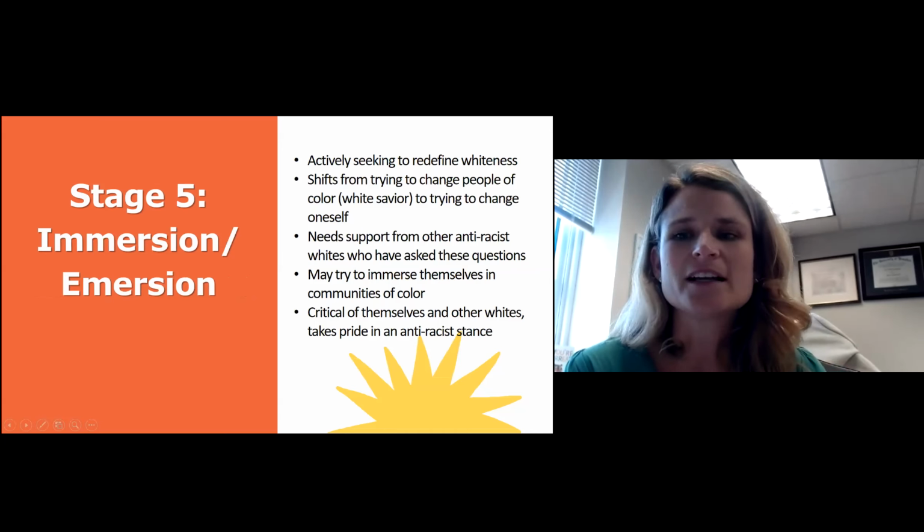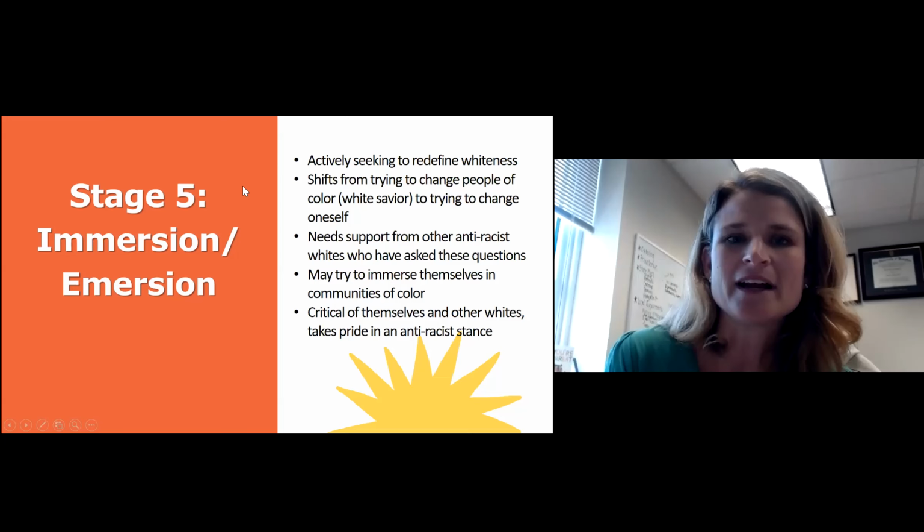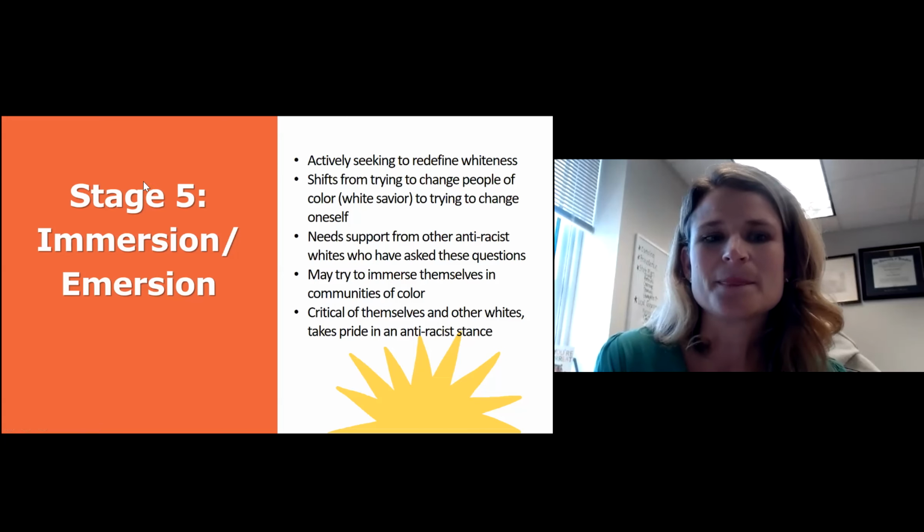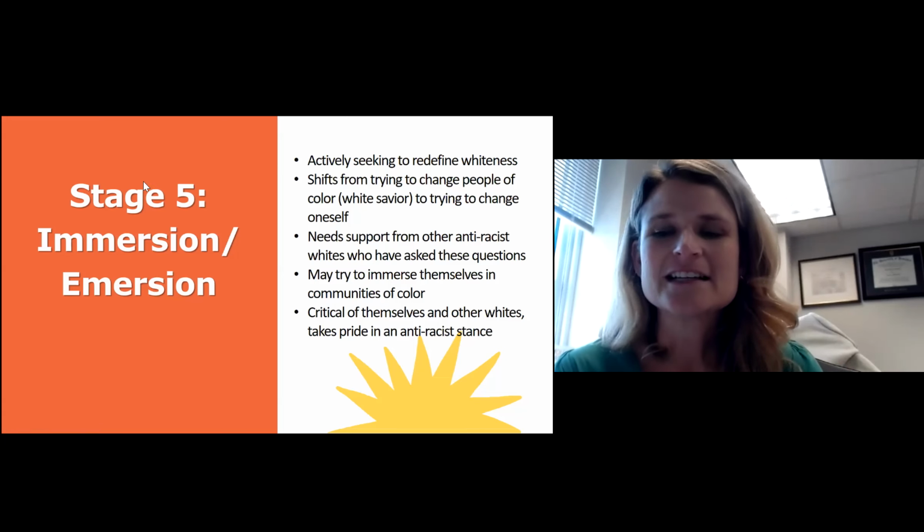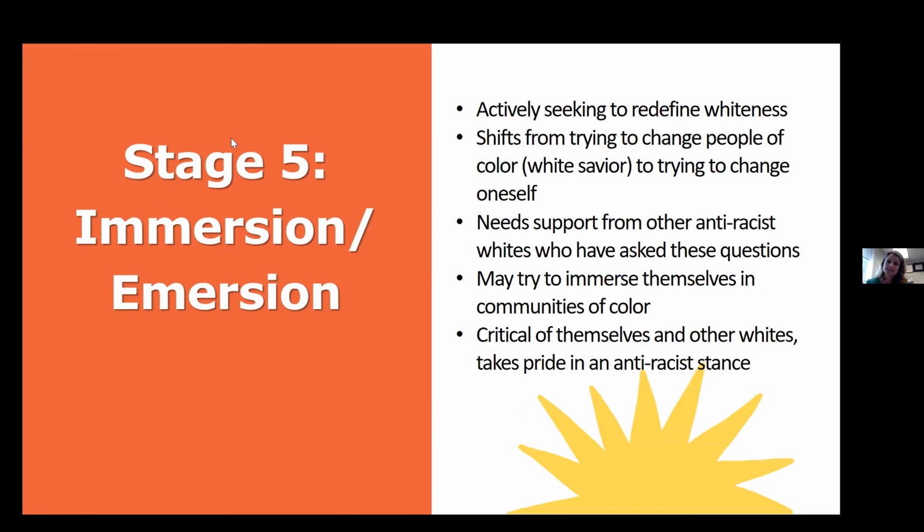And a lot of times concepts such as the white savior are seen a lot at level 4, right? The idea is, I do understand racism, and I do want to help, I'm committed to help, but it's sort of an idea that maybe white people should solve racism by trying to change what people of color do, right?